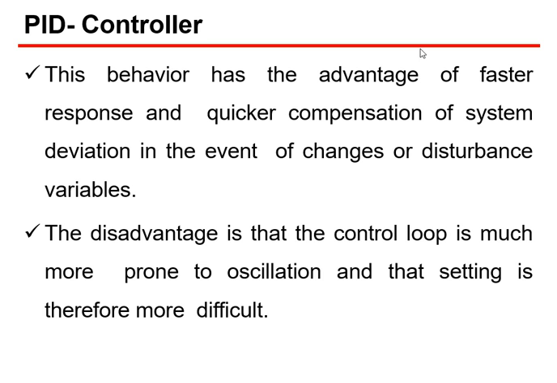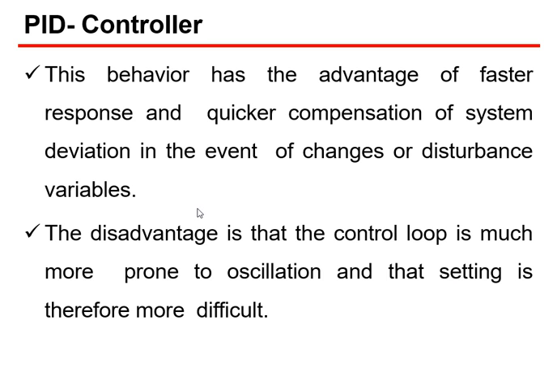Okay, so there is a difference between integration and derivative. I think you know this. This behavior has the advantage of a faster response and a quicker compensation of a system deviation in the event of changes or disturbance variables. Okay, and the disadvantage is that the control loop is much more prone to oscillations, and setting it is therefore more difficult.